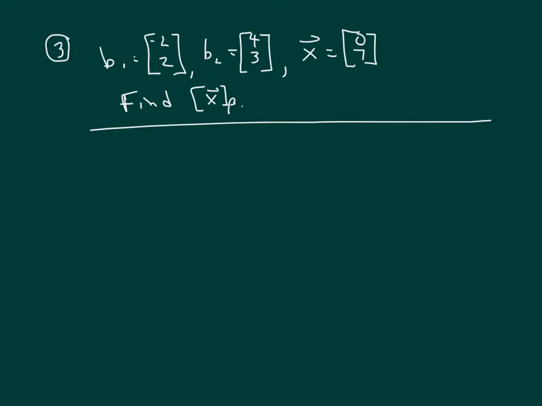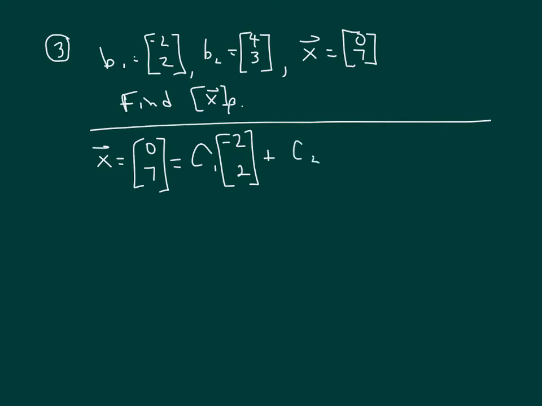Now we're asked to find the coordinate vector given the basis vectors and the vector in question. So remember, if we have that x is (0, 7), and we're asking for the coordinate vector, basically we're asking for the coefficients that, when I multiply times the basis elements, give me the vector.